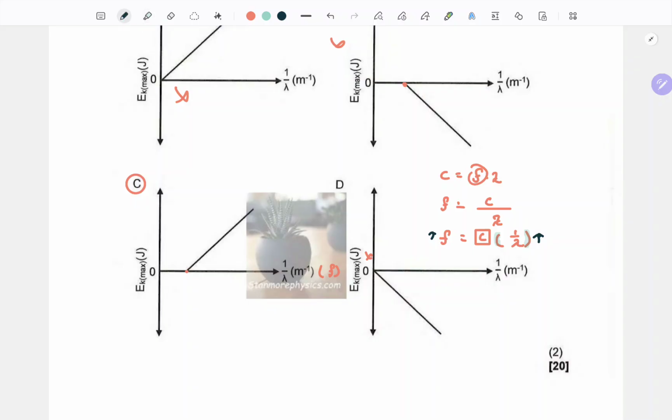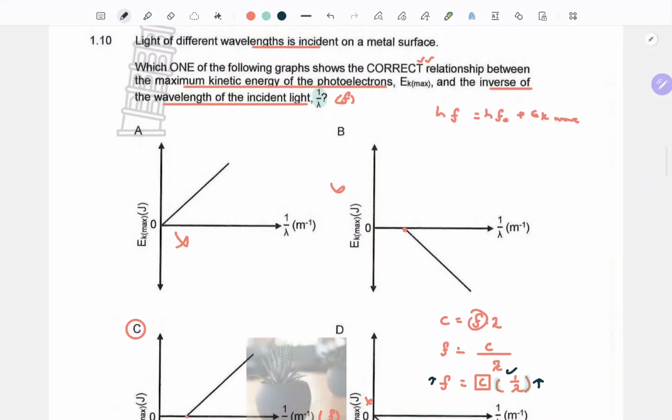Now if we take what we have here and plug it into our equation, we've got Planck's constant times, instead of frequency, C over lambda, equal to H times the threshold frequency plus EK max. Now this is what we have, but what are we going to see?